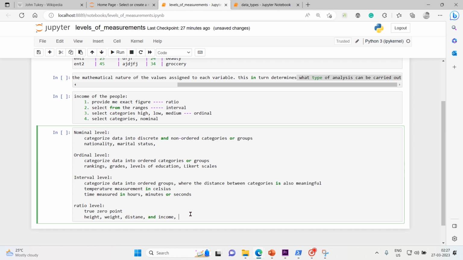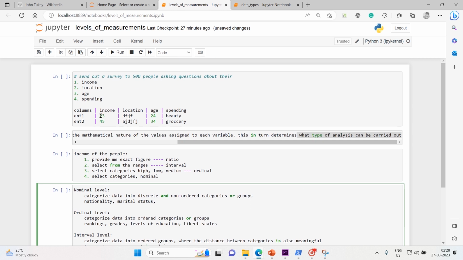For example, if you take income, and you take the ratio of two values of two entities, say income 23 for entity 1 and income 45 for entity 2, I can do entity 1 divided by entity 2 and still get a proper value.